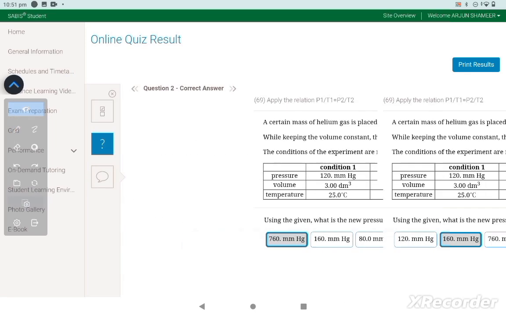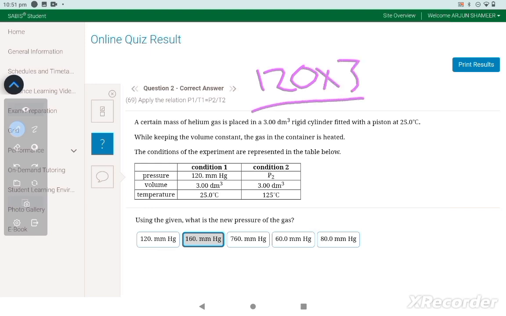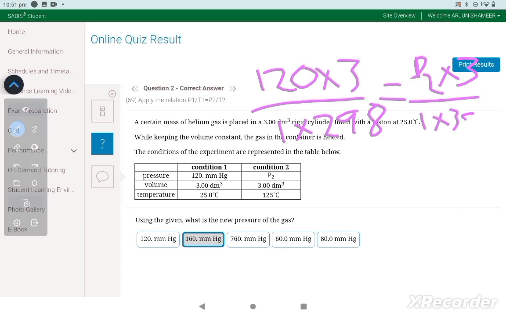Okay, next one, same thing here. 120 multiplied by 3 over 1 times 298 is equal to P2 multiplied by 3 over 1 times 398.